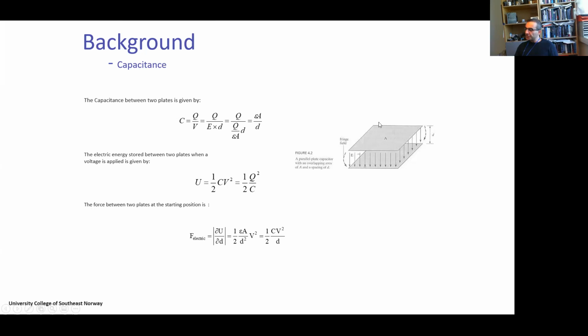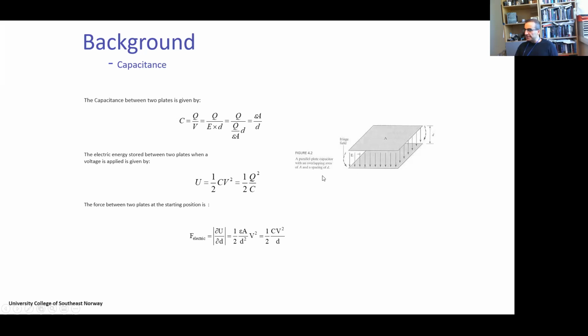When we apply this voltage, there will be a force between these two plates, the electrostatic force, and depending on the polarity of the voltage, the moving plate will move either toward the non-movable plate or away from it.